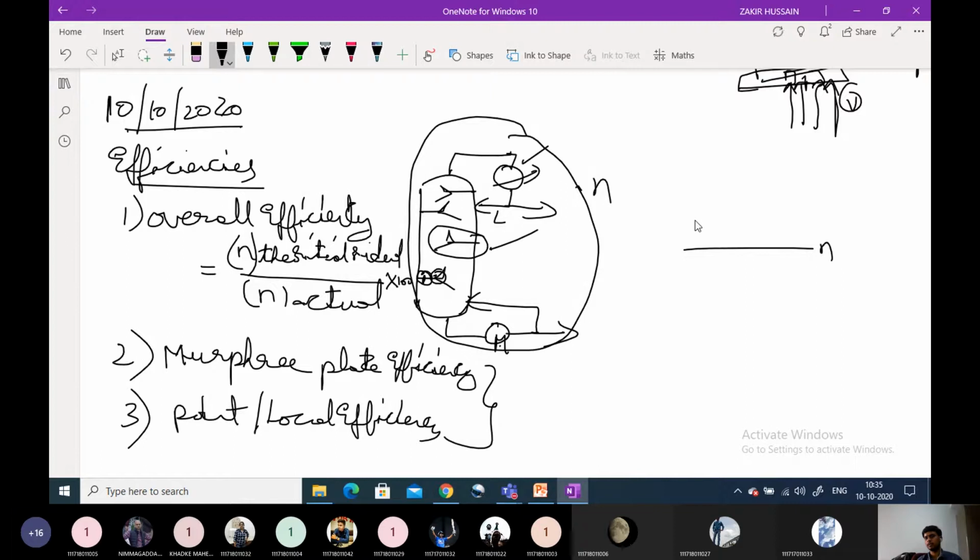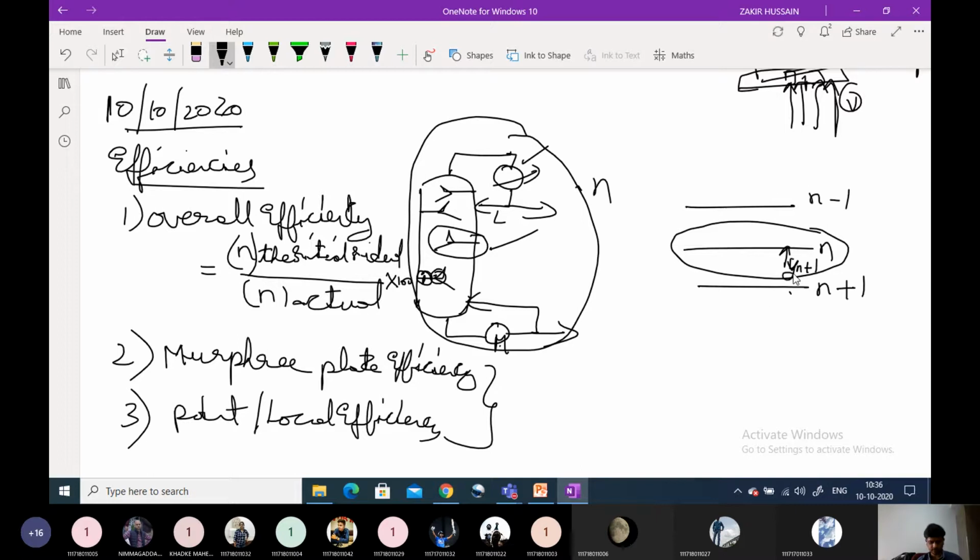So if this is the nth plate and this is the n minus 1th plate, then this is the n plus 1th plate. If you want to evaluate the single plate efficiency for plate n, we know that vapors are coming from bottom to top. For this plate, the vapors are coming from the plate below, V with composition y n plus 1.